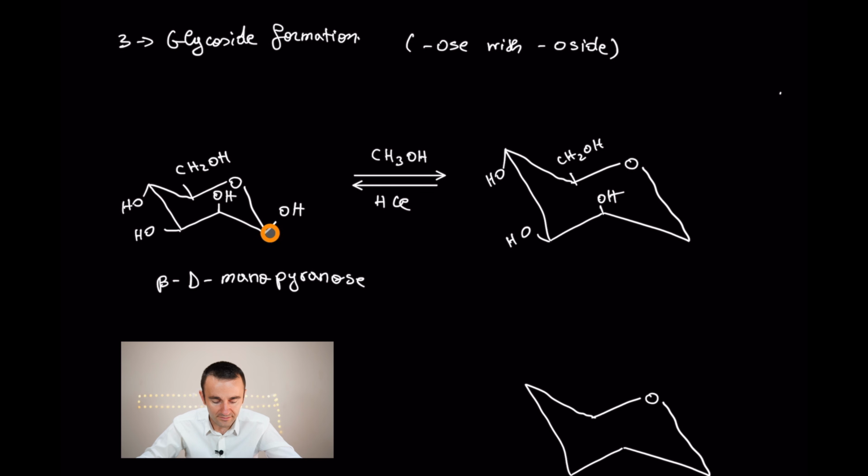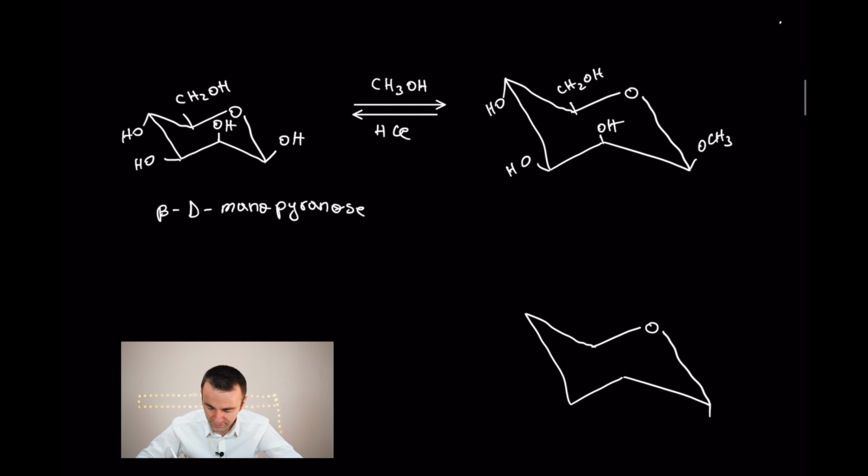But the problem is that the reaction happens at the anomeric site and the products are alpha and beta. Both products are formed. So the first product is going to be this one, and the other product is going to be this one. The others remain intact. This is the beta one and this is the alpha one. Right?